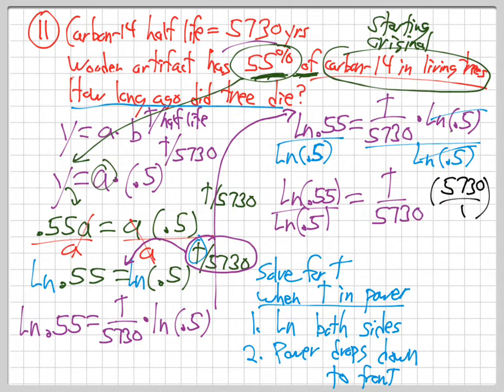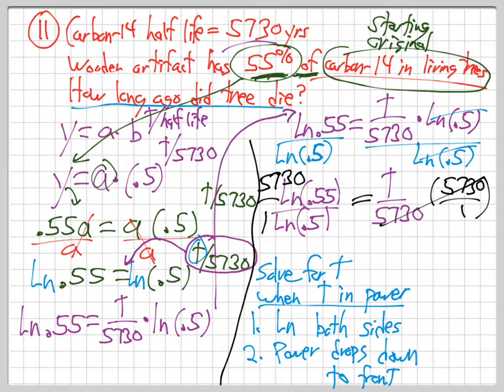Okay, and now the last step in order to finish solving for t is multiply both sides by 5730 over 1. Here, let me separate these here. And same thing on this side. I'm kind of running out of room. Put the equals over here. 5730 over 1 on both sides.